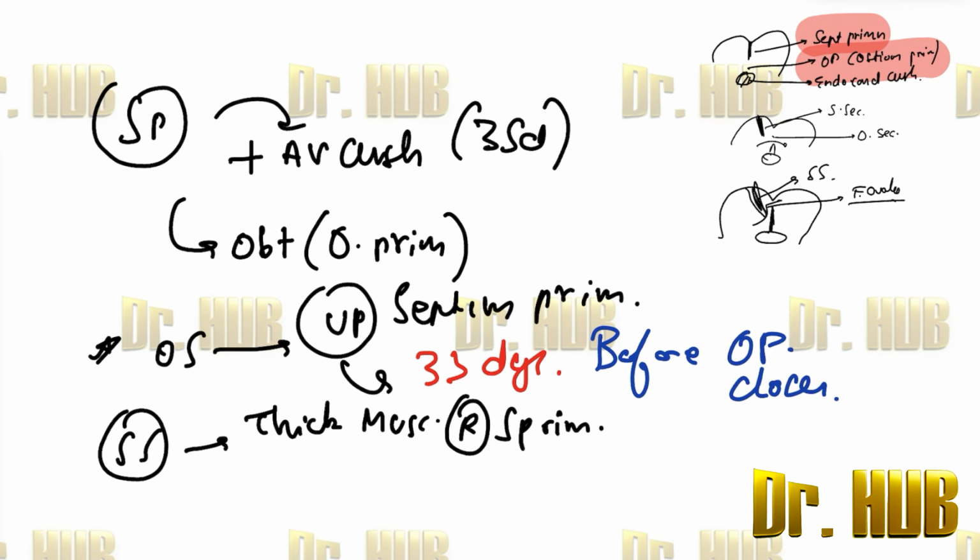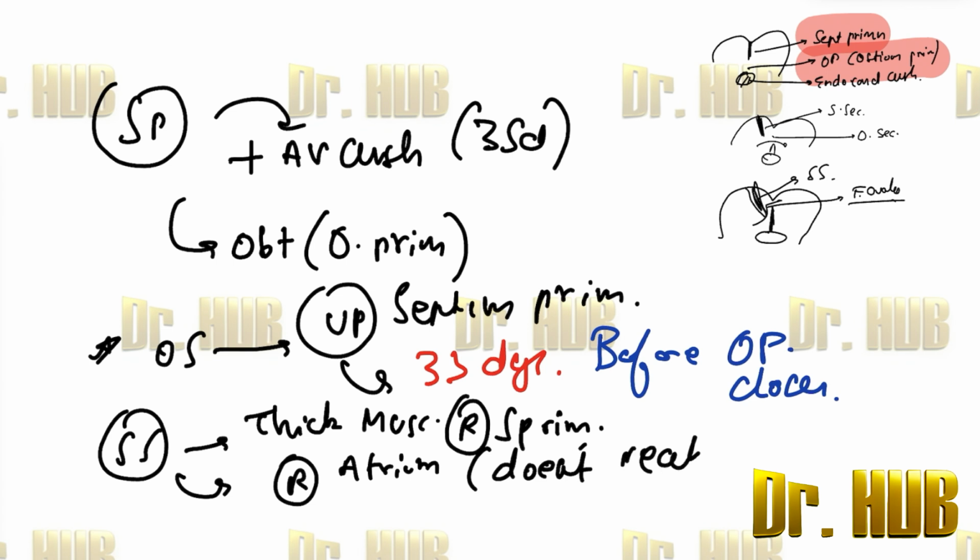It grows from the roof of the atrium but does not reach the AV cushion.